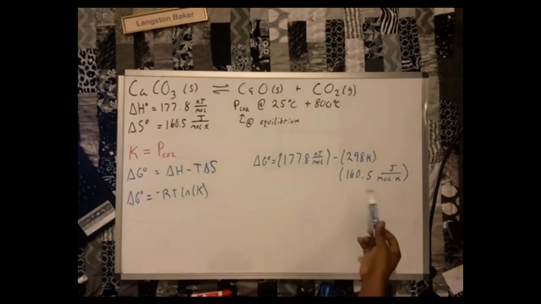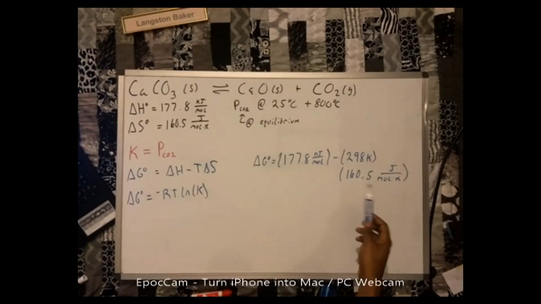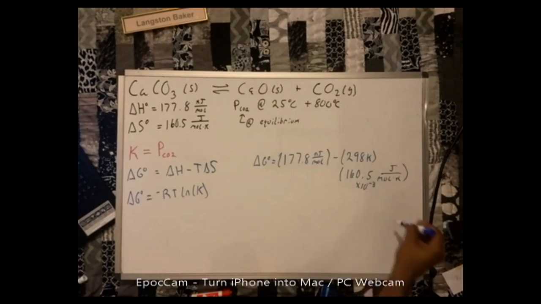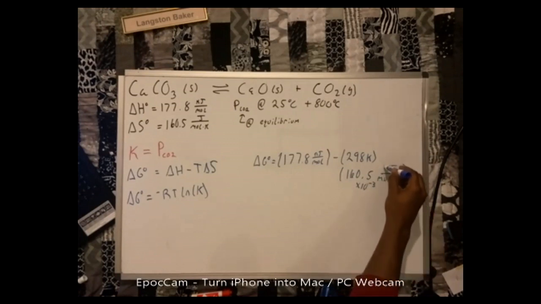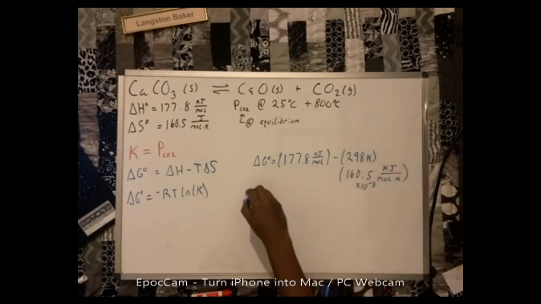Did I do this right? Need to convert, right? I need this in either kilojoules or joules. I'm just going to convert this to kilojoules, so I'll do 10 to the negative 3. Kilojoules. Okay, delta G naught.